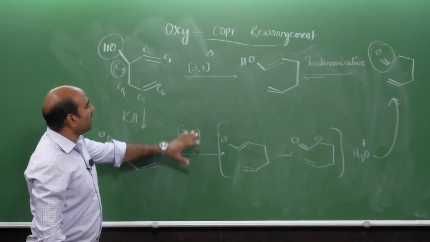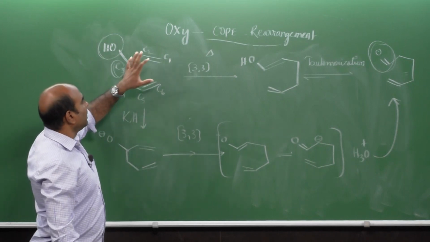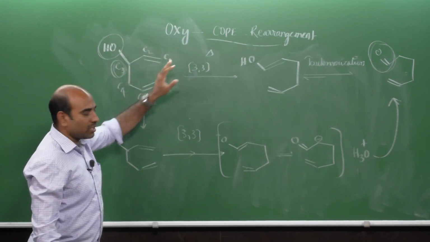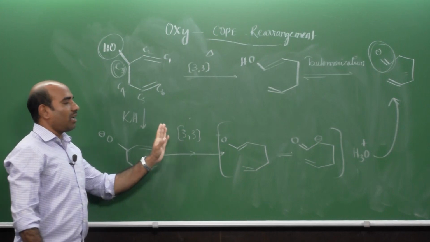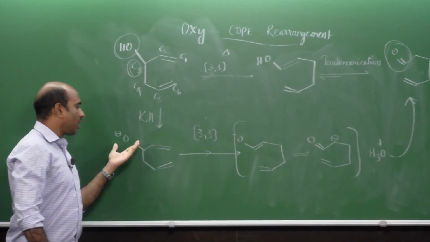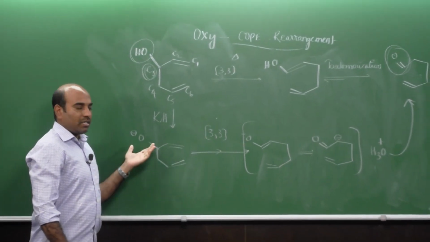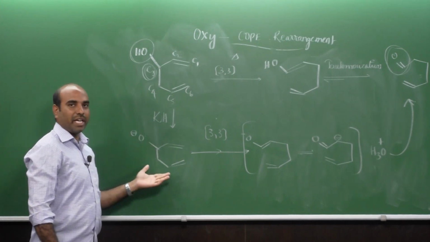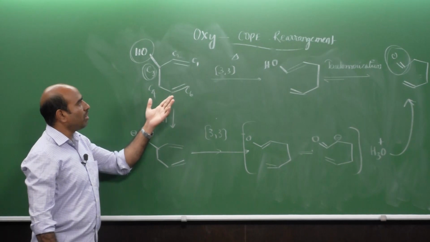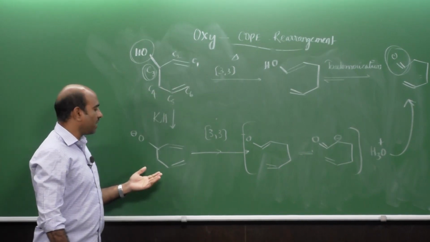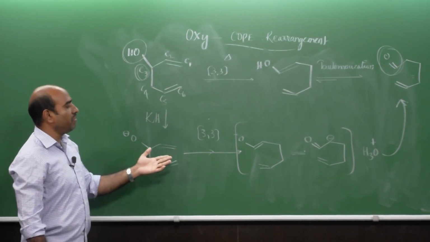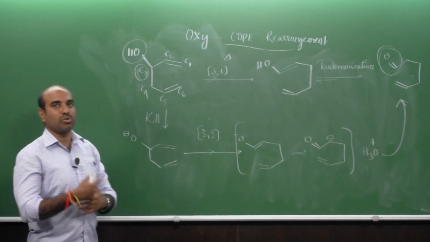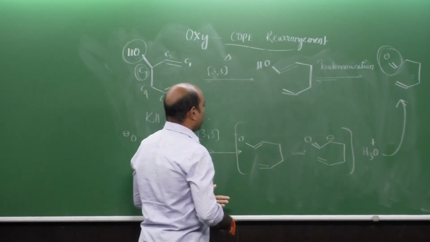The difference between this and this is that one is happening under the normal conditions, whereas before undergoing the 3,3 shift, you are deprotonating the 3-hydroxy 1,5-diene, which is able to show the Oxy-Cope rearrangement, and as a result the reaction becomes super reactive.